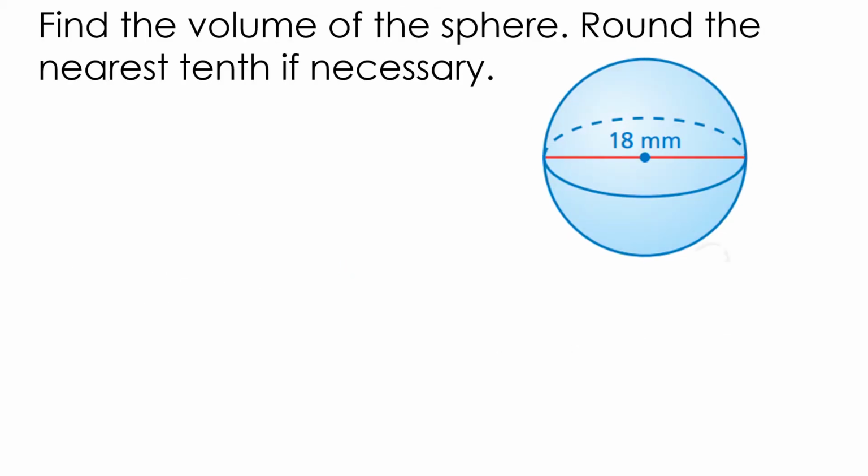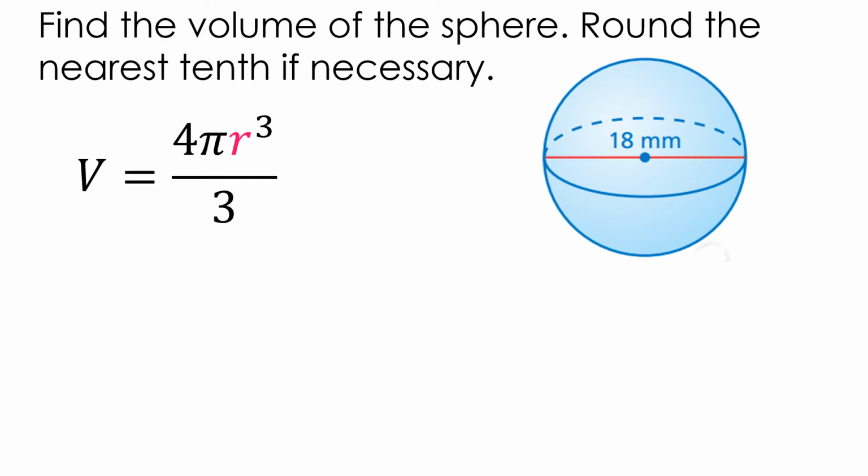Find the volume of the sphere, round to the nearest tenth if necessary. The formula for the volume of the sphere is 4 times pi times the radius to the third power, all divided by 3. If we look at the diagram, hopefully you can recognize they gave us the diameter instead of the radius.